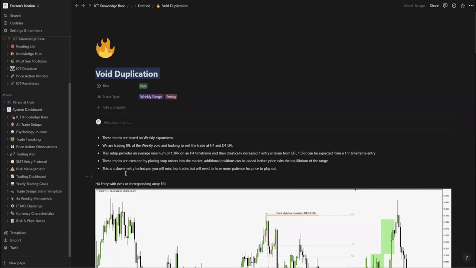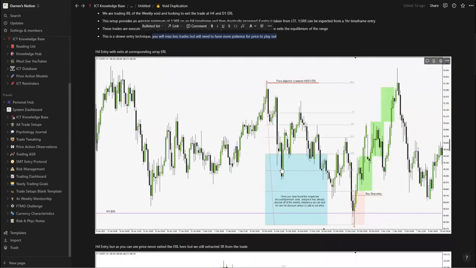So it's a slower technique and you'll miss fewer trades. The reason is because it takes a while to close the imbalance, right? If you set the alert, it might take 3 days for it to get there. And even when it gets there, you're not missing out immediately, because you still need a 1 hour candle close or a 4 hour candle close to place some kind of buy stop at that zone.